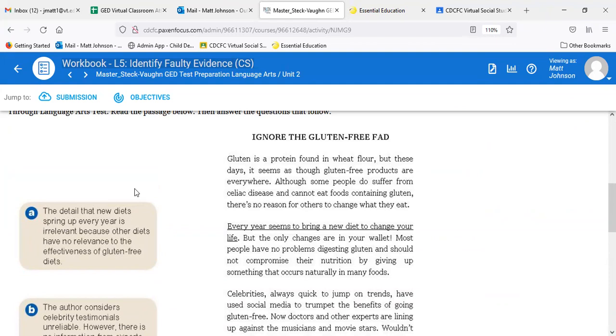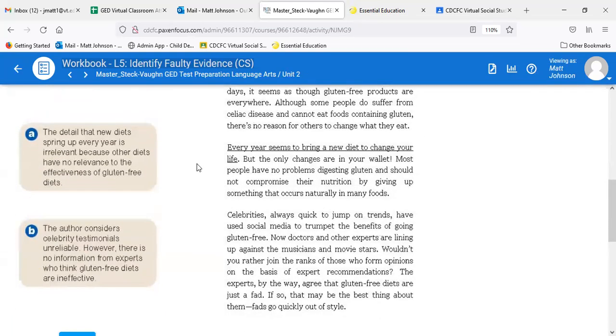Although some people do suffer from celiac disease and cannot eat foods containing gluten, there's no reason for others to change what they eat. Every year seems to bring a new diet to change your life, but the only changes are in your wallet. Most people have no problems digesting gluten and should not compromise their nutrition by giving up something that occurs naturally in many foods.